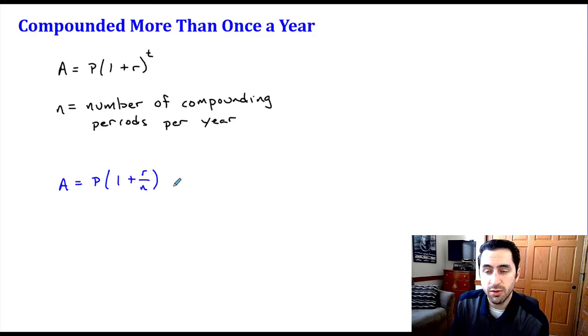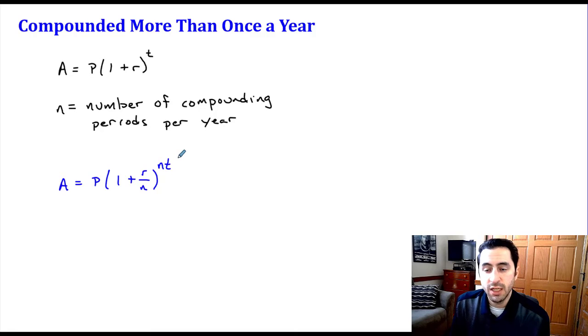And then the second adjustment we need to make is to our time. So t represents the number of times that we compound since it's only compounded once per year. But now we're compounding multiple times a year, so I need to multiply t times n.